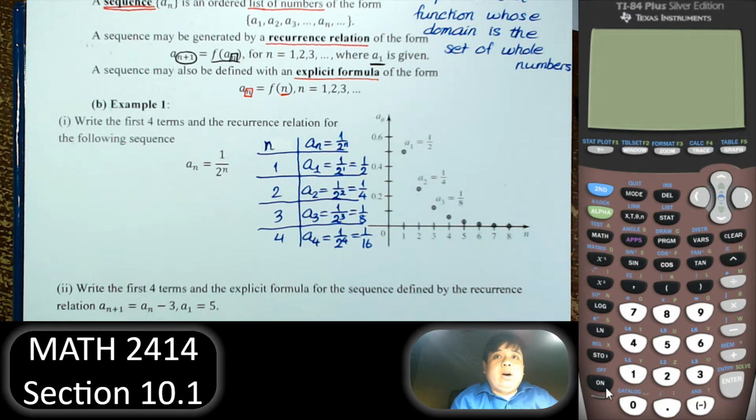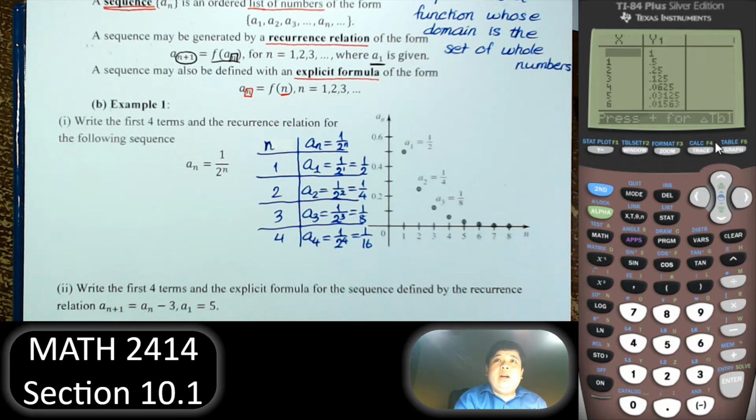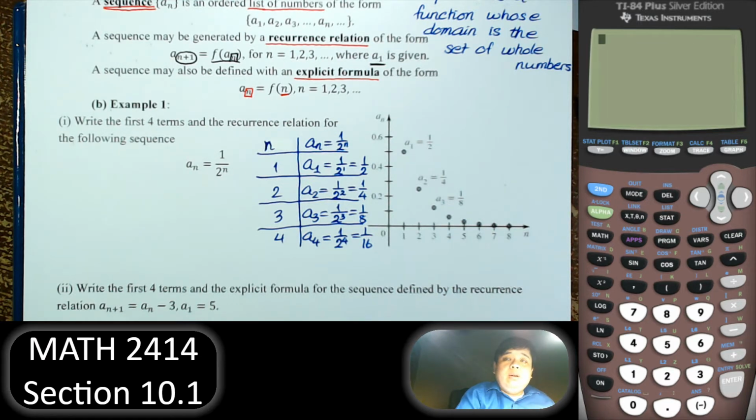By the way, on the calculator, if we want to do this, we can do a function. In that case, we just say 1 over 2 to the x, and then we go to the table. That works just fine, right? Or we did this in section 8.8.